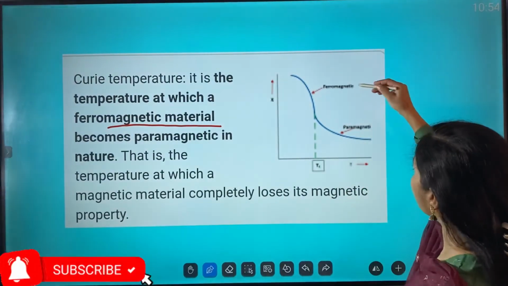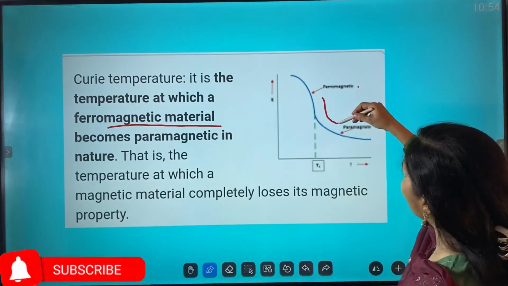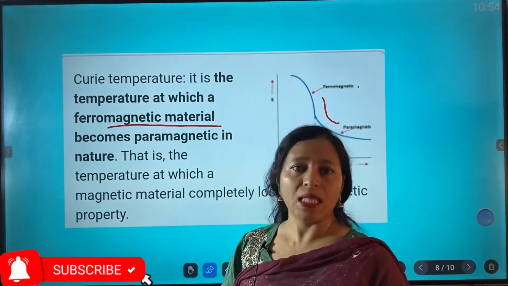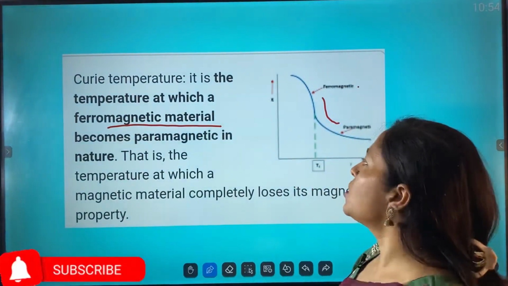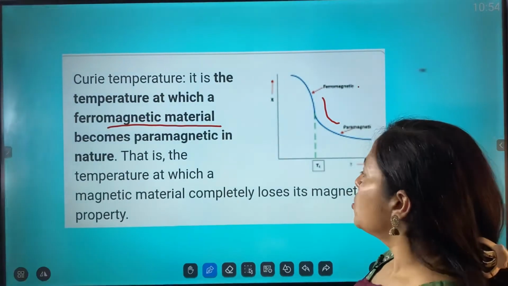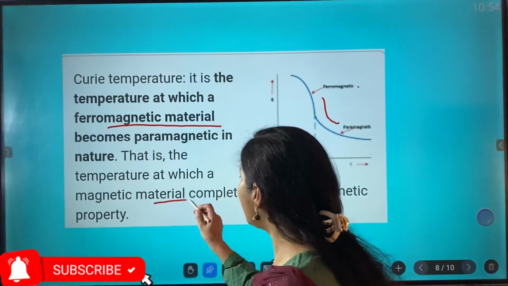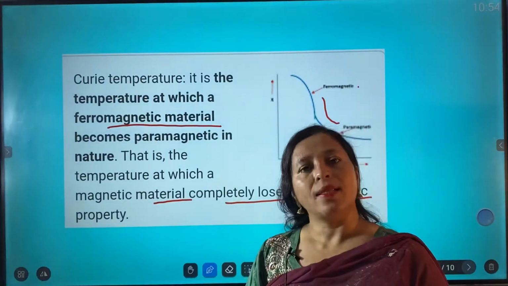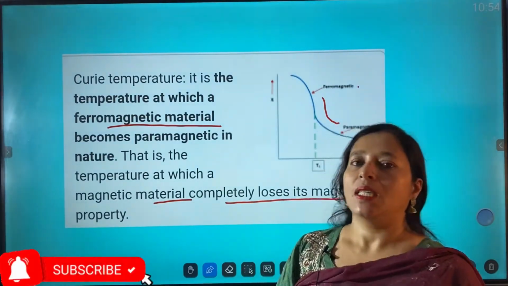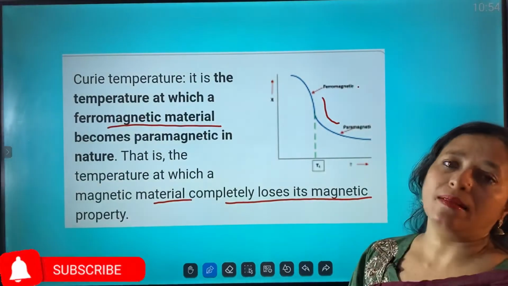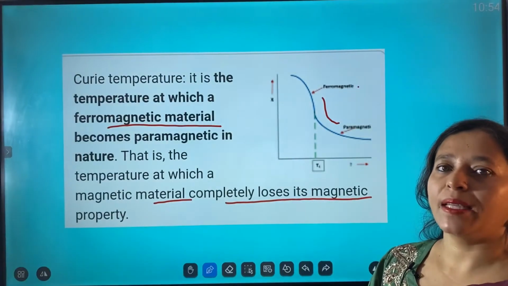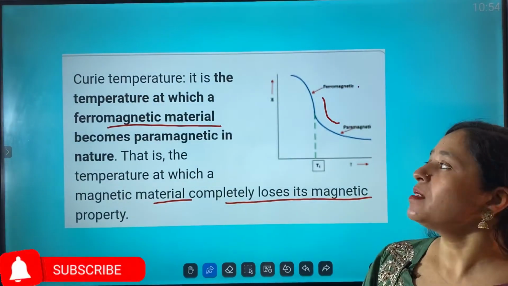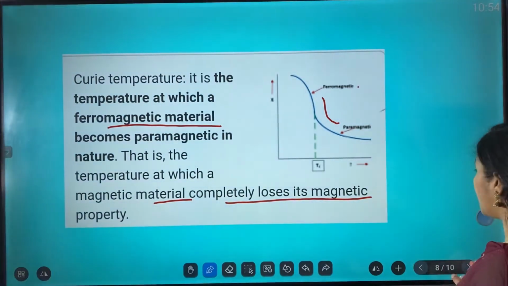At this temperature a magnetic material completely loses its magnetic properties. Such a temperature is known as Curie temperature.